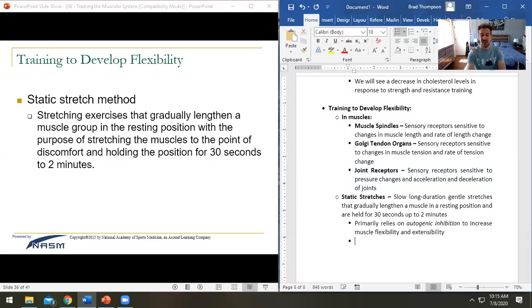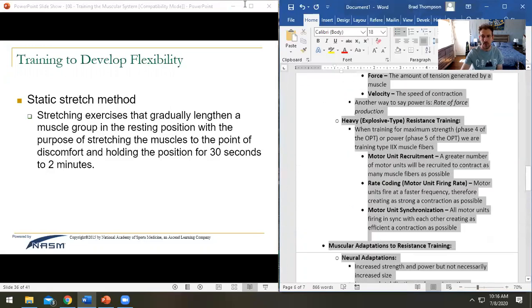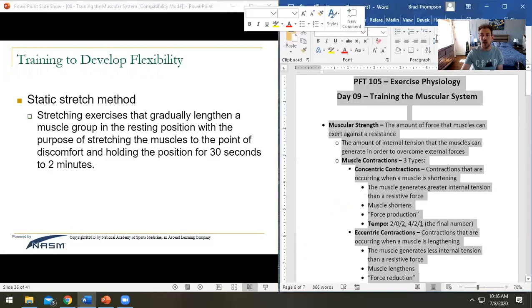And what we mean by that is autogenic inhibition is the process where pressure or tension on a Golgi tendon organ creates an inhibitory effect on muscle spindles. Muscle spindles' job is to tell your brain how long a muscle currently is, right?